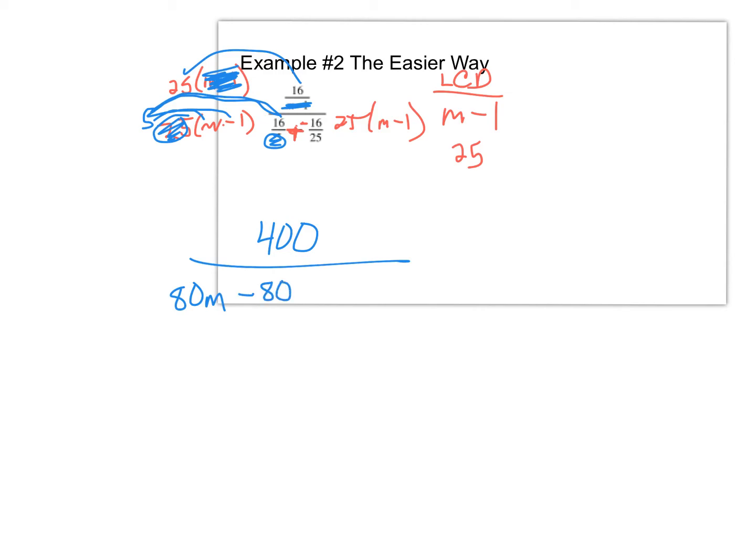We've got to distribute that. Now here on this piece, the 25s completely cancel, so I distribute the negative 16 to both pieces. So I get negative 16m plus 16.